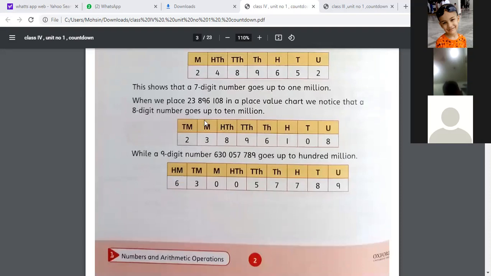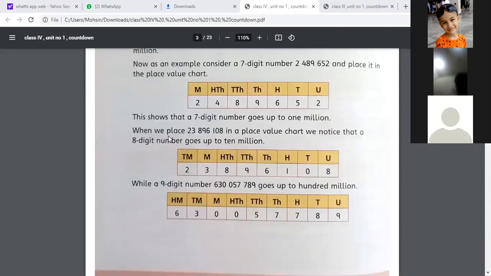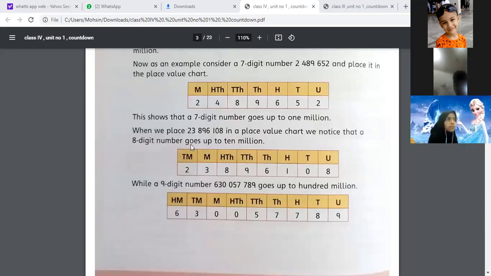When we place this value in a place value chart, we notice that an 8-digit number goes up to 10 million. If we have an 8-digit value, it means it is 10 million.